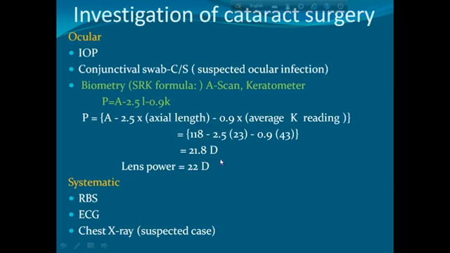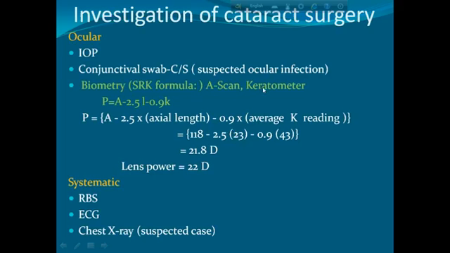And there is a calculation form of biometry. Try to understand: A means constant. Usually the constant is stable, 118, or 118.4 or 118.2. This is stable, so in our calculation 118 is a constant. 2.5 into L, which means axial length by A-scan, suppose 23.